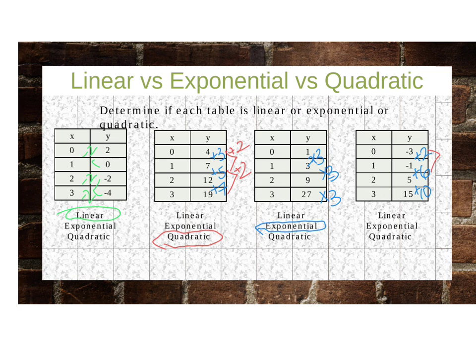If you said 4, you are correct. 6 plus what equals 10? So if the second difference is uniform and it's 4, what does that make it? If you said quadratic, you are correct. Second difference being the same number, same value, means that it is a quadratic equation.